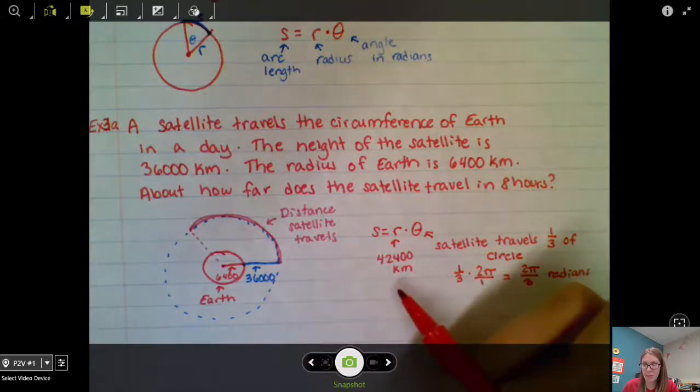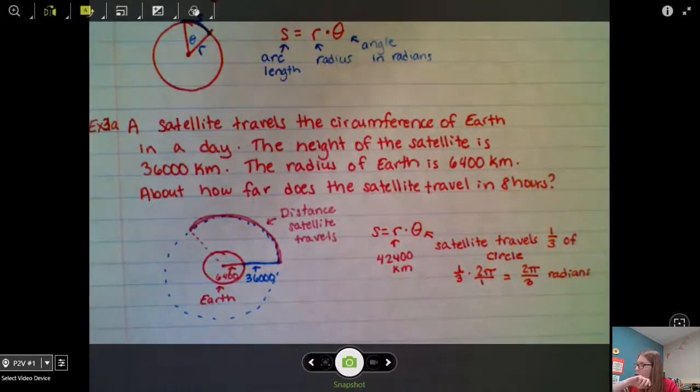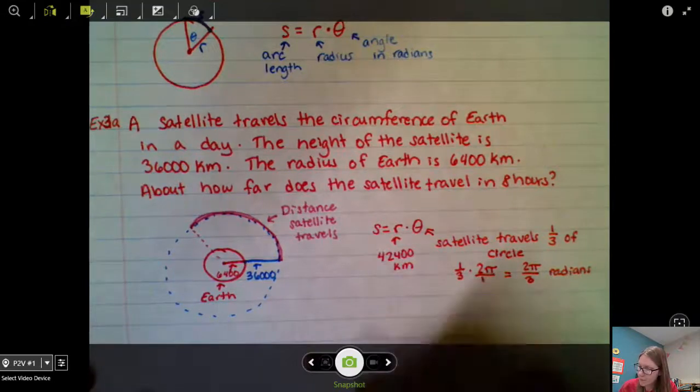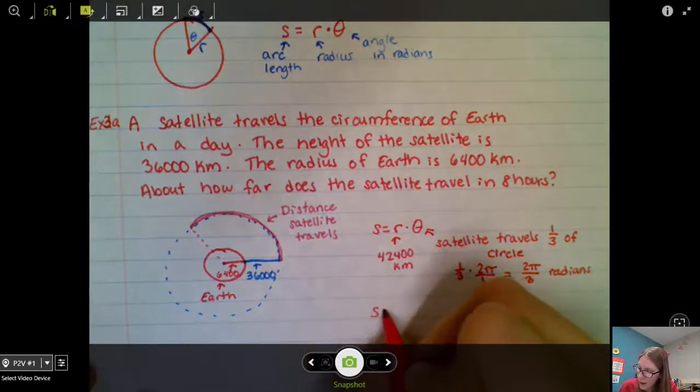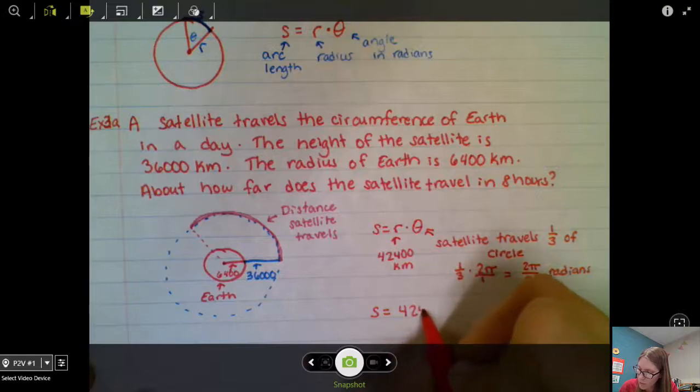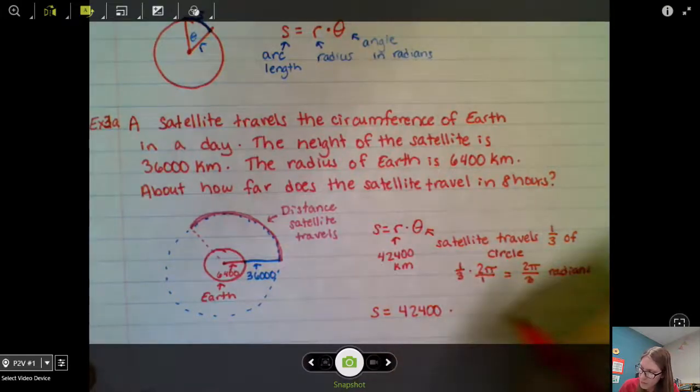Okay, so our angle is 2 pi over 3 radians. Our radius is 42,400. We plug that into our formula. S equals 42,400 times 2 pi over 3.